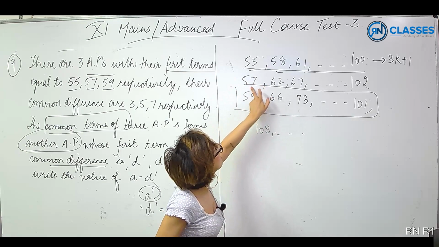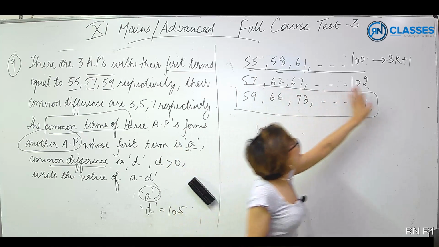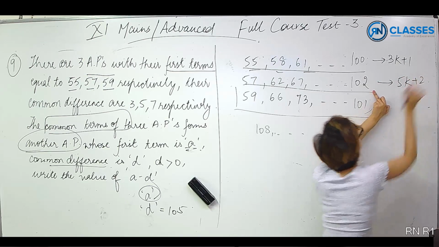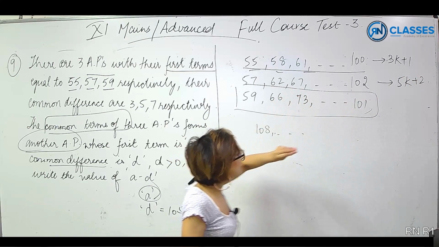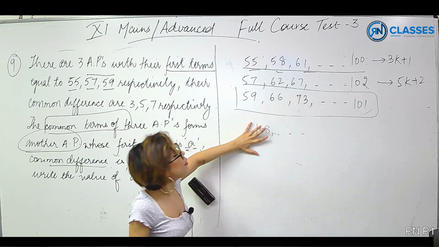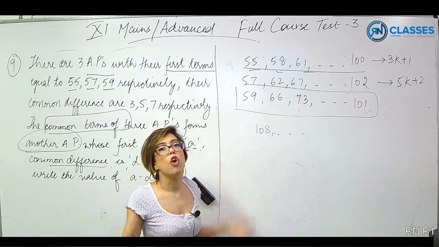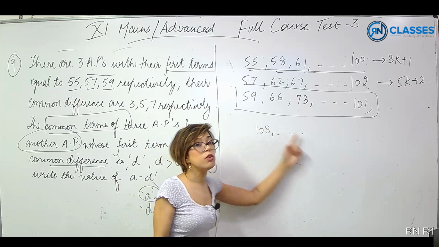Similarly for this one, I can see the jump is of 5. This is all of those numbers which have the form 5k plus 2. So I need to check whether this number is of the form 5k plus 2 or not. If it is, it will be in the AP. If it is not, it will not. You need to keep on checking this.